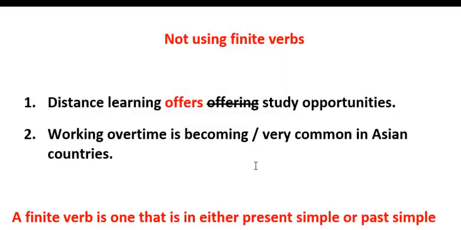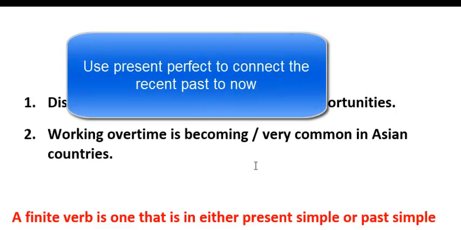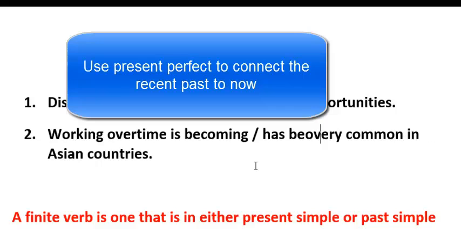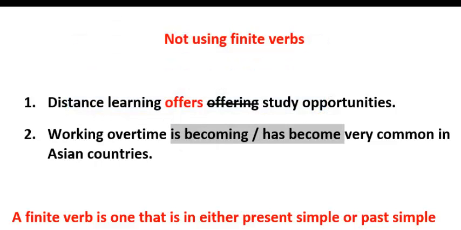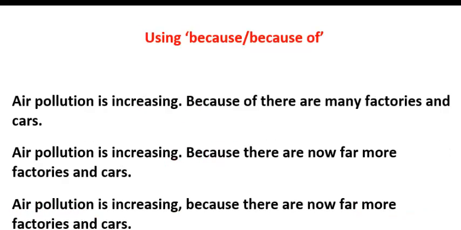Or if I wanted to connect the recent past with now, I could choose to use present perfect simple: has become very common. So it depends on your meaning as to which finite verb and which tense you use. But in both of these cases, is is a finite verb and has is a finite verb. And so I'm using a finite verb in both of these sentences.